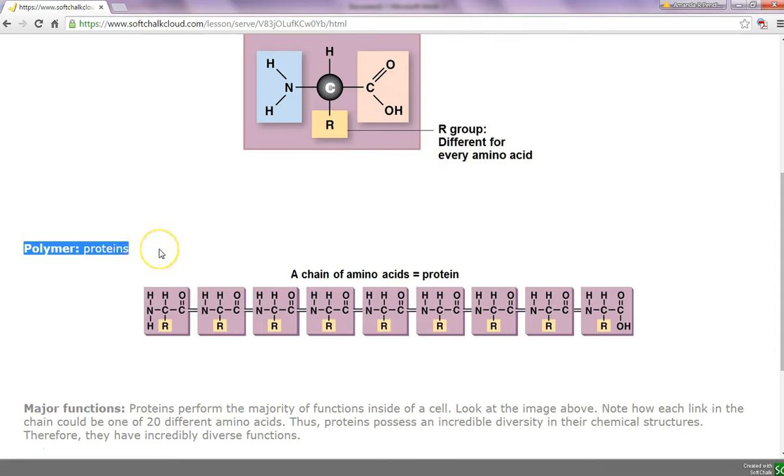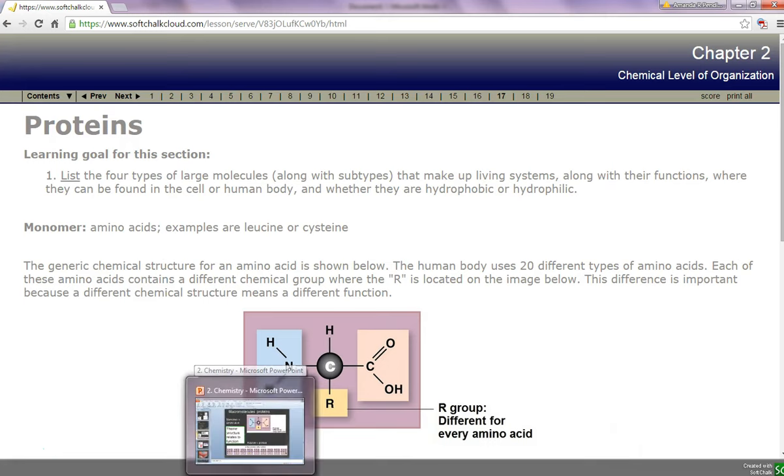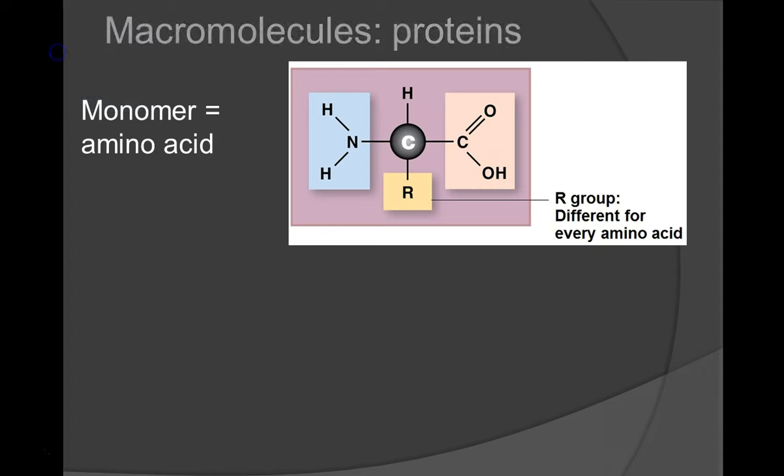If it's a small protein, you may see it written as peptide. Okay. And so let's take a minute and look a little bit more closely at the structure of these monomers and polymers. So here's a monomer.